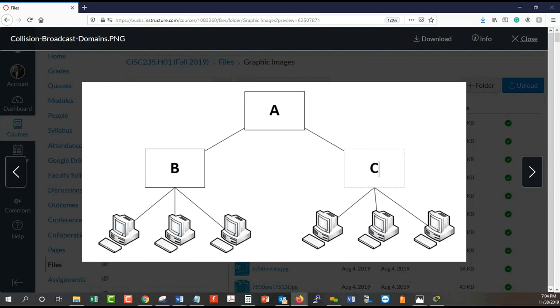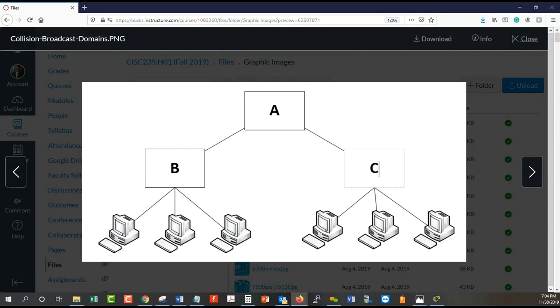All hubs, yes. Actually, what we have is one big collision domain and one big broadcast domain, because hubs do not break anything up. Everything connected to a hub belongs to the same collision domain and broadcast domain.